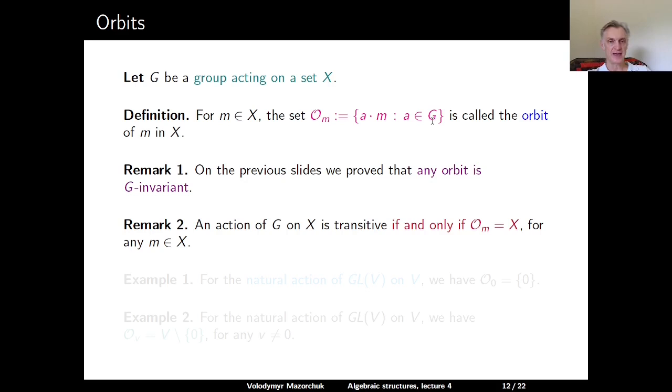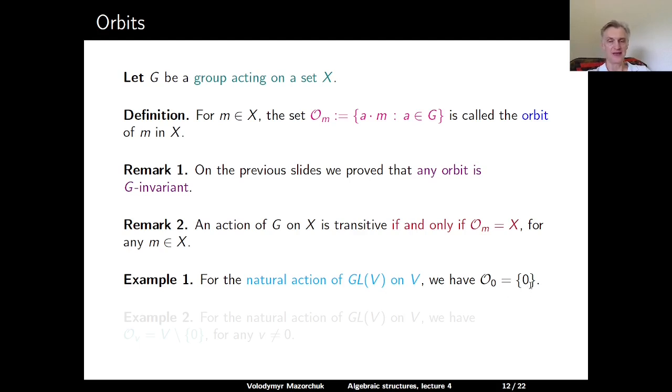Another remark: an action of G on X is transitive by definition if and only if there is only one orbit. So for any element m in X, the orbit of m coincides with X. Here's an example. For the natural action of GL(V) on V, the orbit of 0 consists of the element 0.